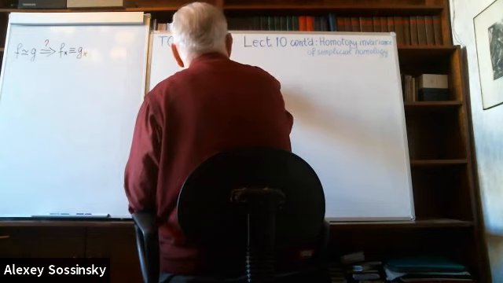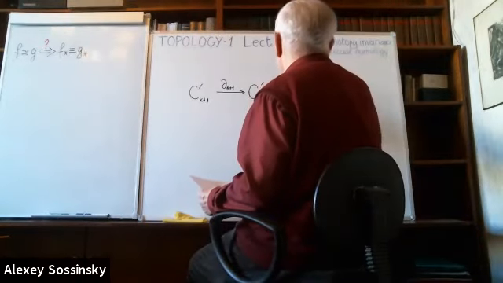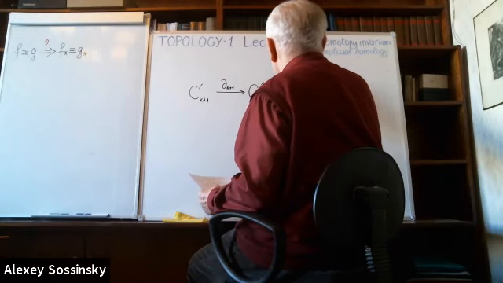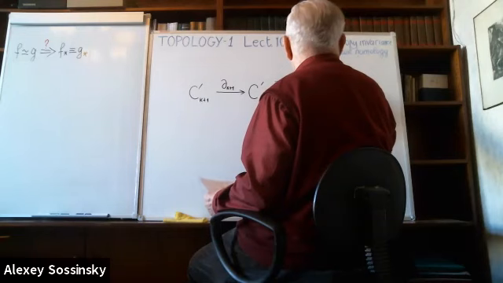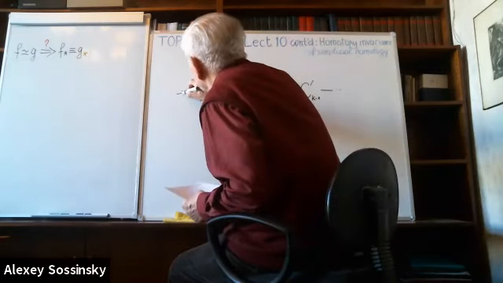This is the boundary operator, going further, C prime k minus one, and this continues in both directions.